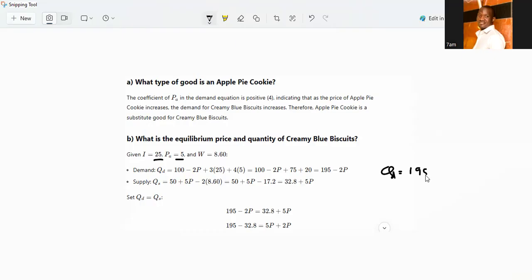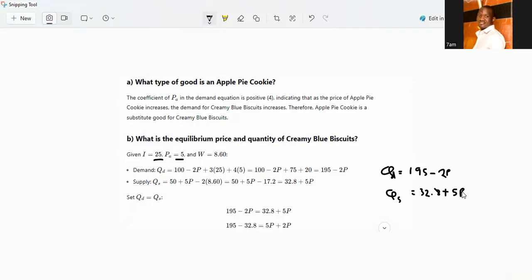Then for the supply, where there's a W, we put 8.6. So our quantity supplied will therefore be equal to 82.8 plus 5p.